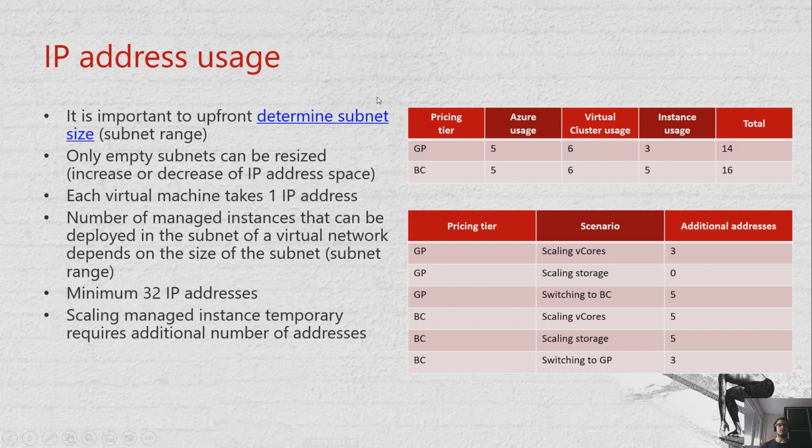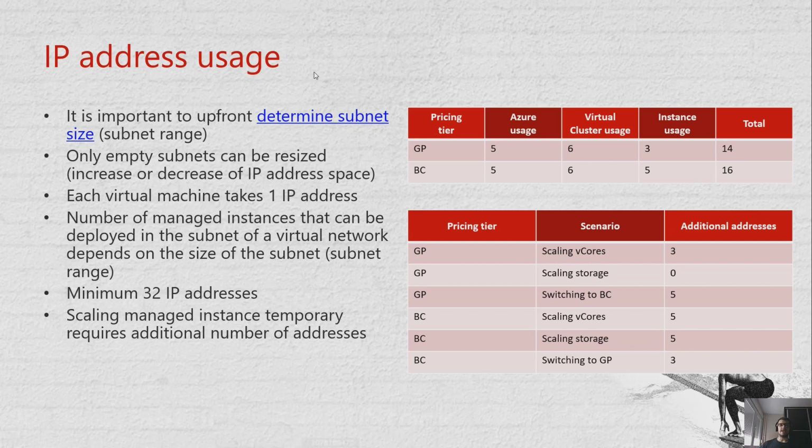Now, these machines are part of the virtual cluster, and these machines have their own addresses that are taken from the customer subnet, or the subnet that is provided during instance creation. It is important to determine the subnet size upfront depending on your need: how many instances you plan inside, do you plan to do scaling operations of those instances, and so on.